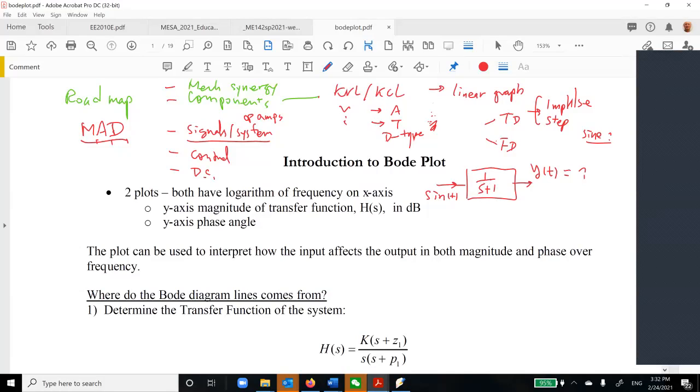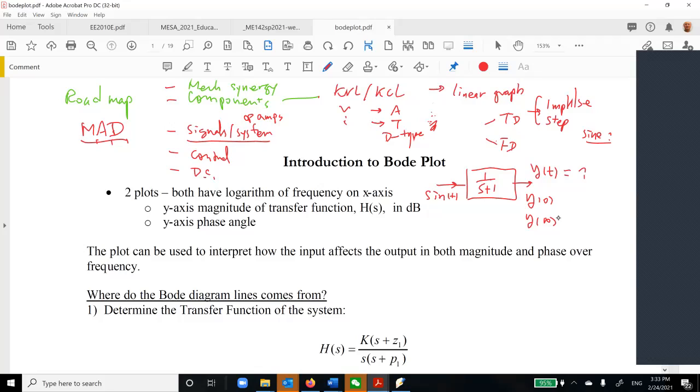Okay, how do we do that? Yes, you can do a lot of things, but if you say, can I try y0 and yt, y infinity?